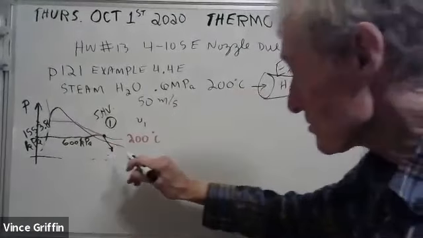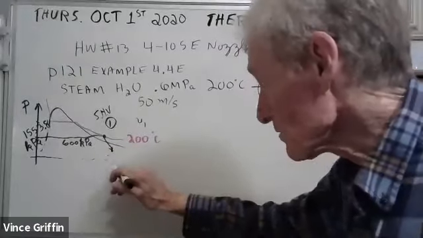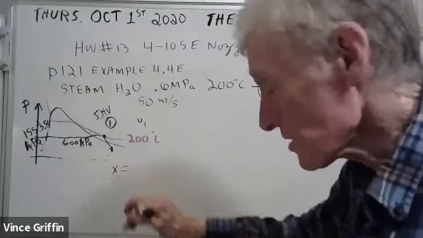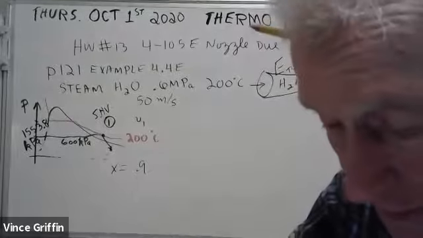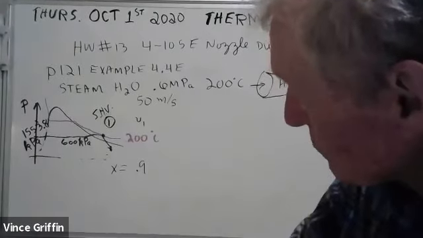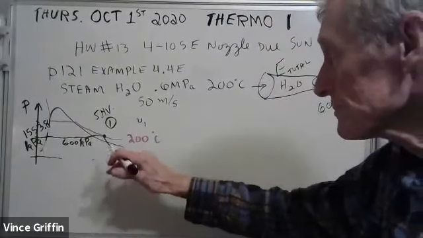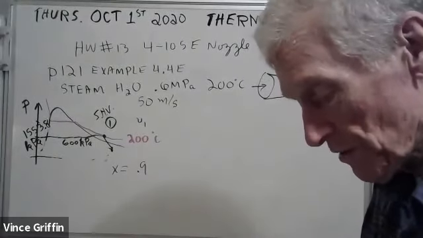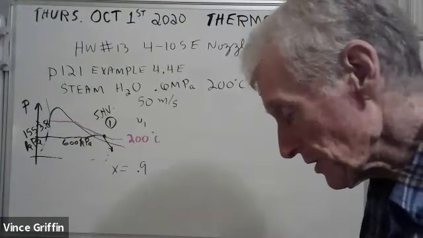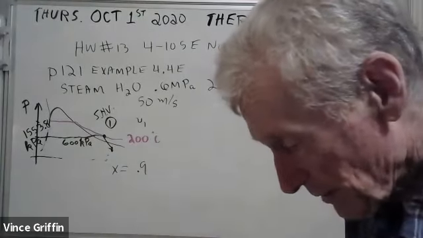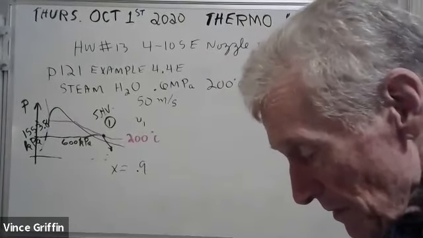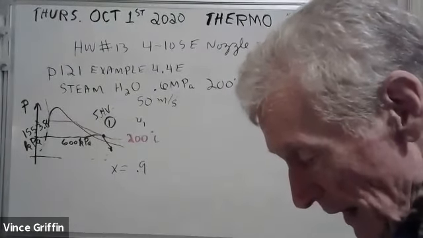It turned out that it was something like 90% or 98%, I don't remember, but it was way over here. And we solved it. Good. Okay, we did that. We don't have to do it again.